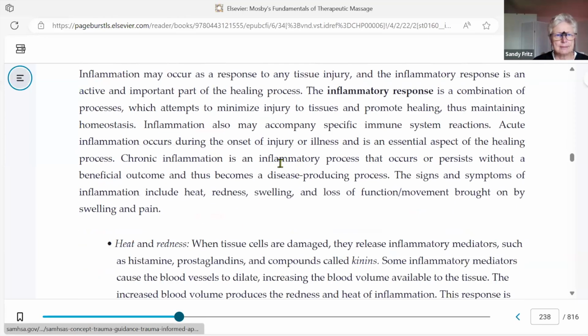Inflammatory response. It is now recognized that non-productive, subclinical or chronic inflammation is the underlying issue for a lot of autoimmune conditions.